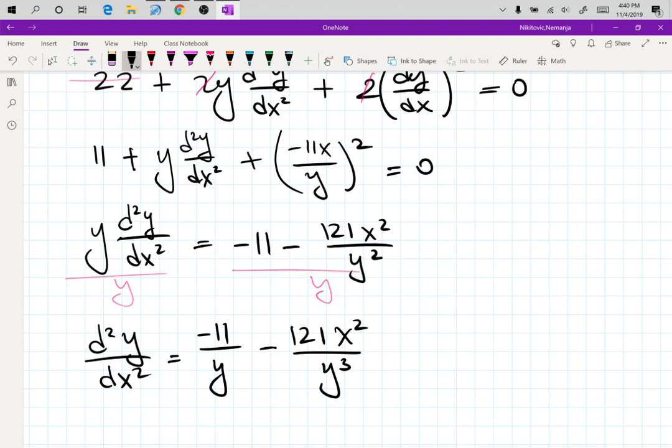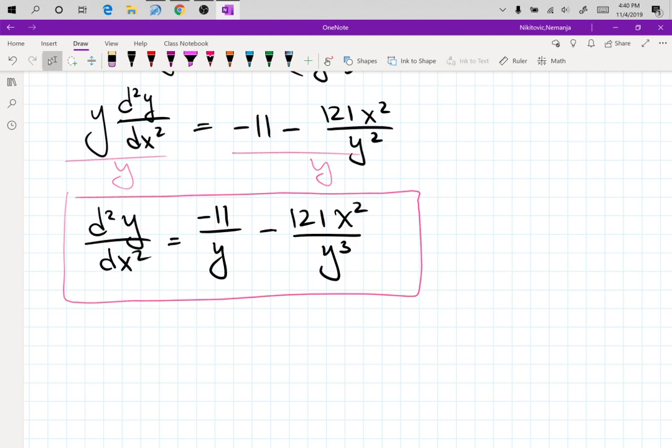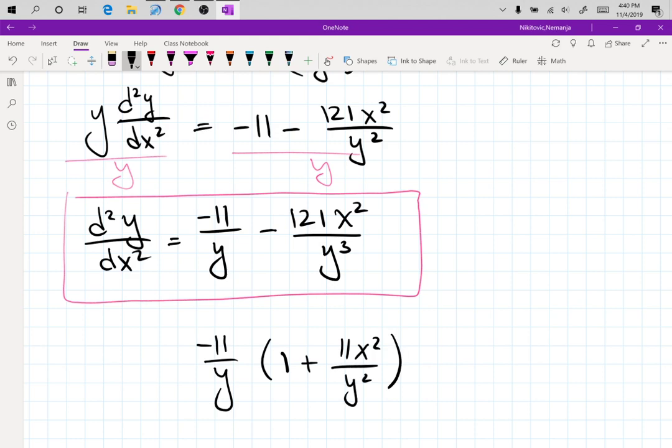We can factor this. So on the exam, I might be tempted to give the full credit here because, yeah. But this is really nicely set up for factoring, because you can factor negative 11 over y, and that gives you 1 on the first term, plus 11x squared over y squared on the second term.